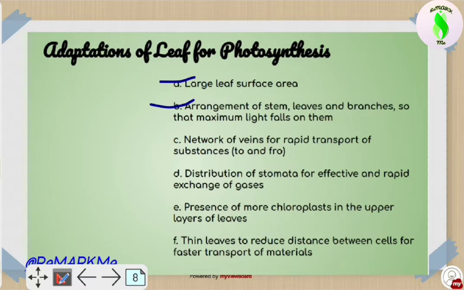The structure for absorbing light is arranged in this way so that they can get more and more energy from the sunlight. By gaining sunlight, they can do photosynthesis and all the processes they need for their living.